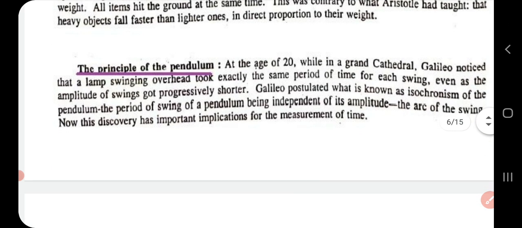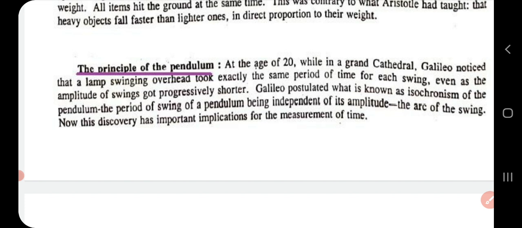Next is the principle of the pendulum. He noticed that a lamp swinging overhead took exactly the same period of time for each swing. That is, the period taken for each swing was the same, even though there was a slight decrease in amplitude.